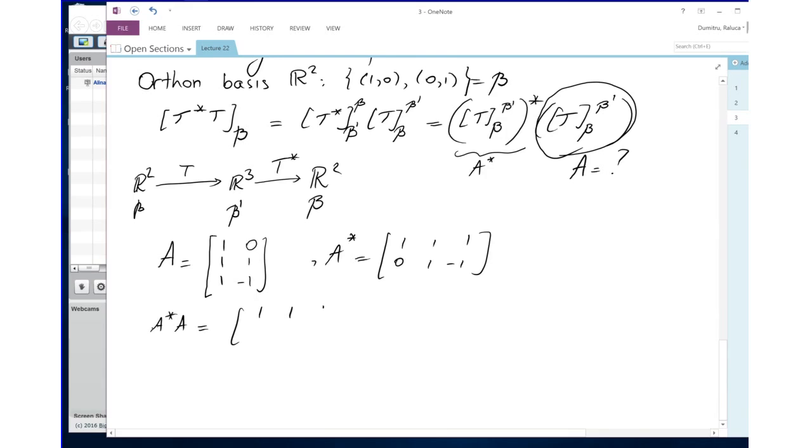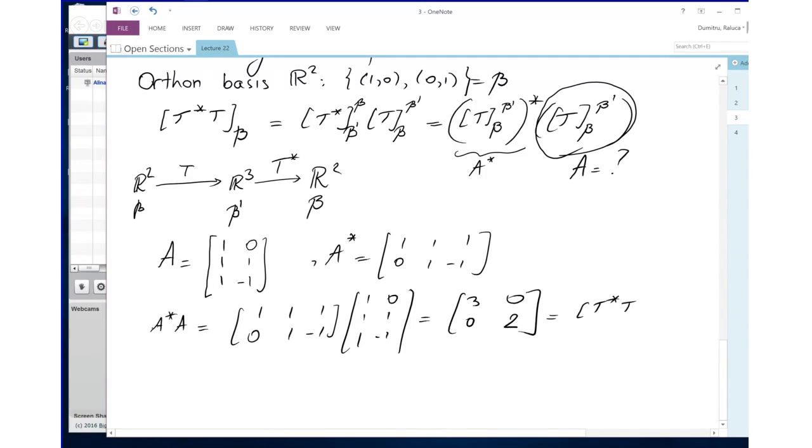A 2 by 3 matrix times a 3 by 2 matrix is going to end up being a 2 by 2 matrix. 3, 0, 0, 2. And this is A star A, or the matrix of this operator in the basis beta.